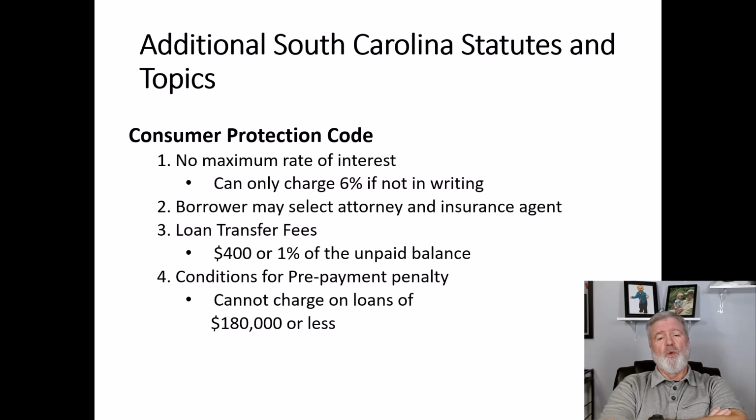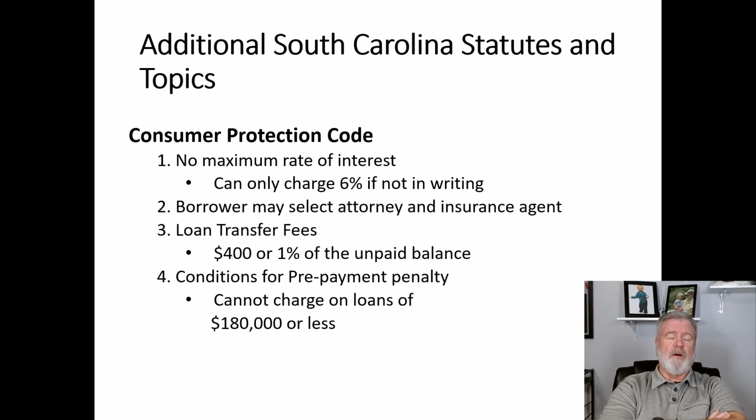But only 2 of them have been specifically identified in the Consumer Protection Code. And again, that's the attorney and their insurance agent. So if they say according to the Consumer Protection Code, these are the only 2 that are identified, okay?